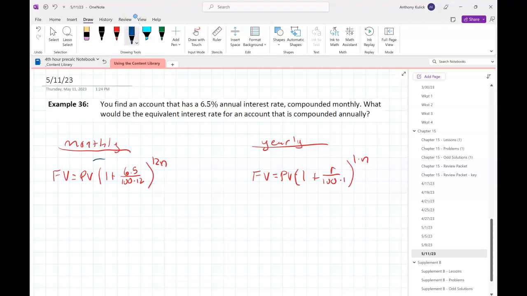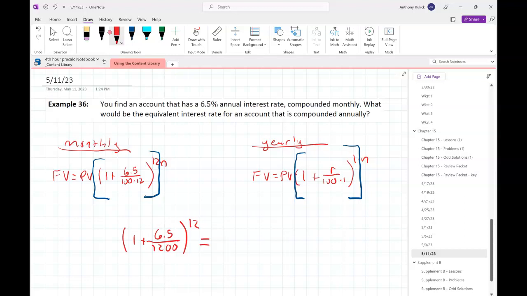Now, if I notice everything other than these pieces that I'm setting apart in blue are identical, right? What does that tell me? It tells me that if I want to find the value of R that makes it equal to that, right?